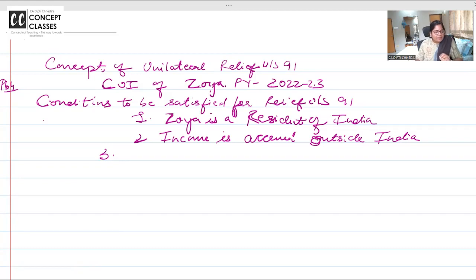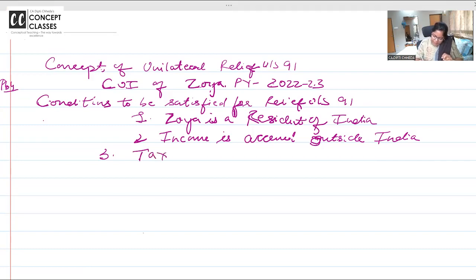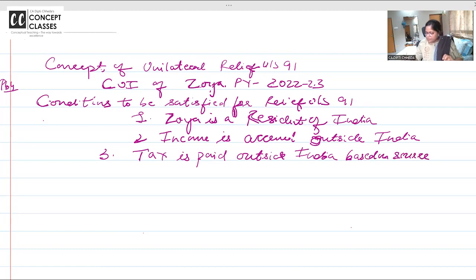Next, taxes paid outside India, based on source.